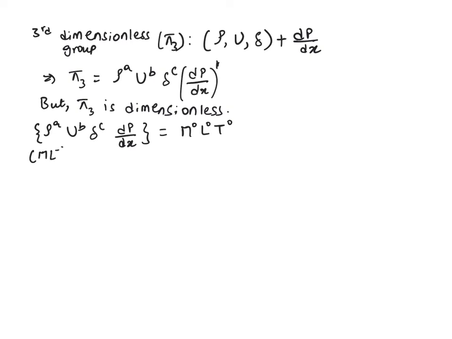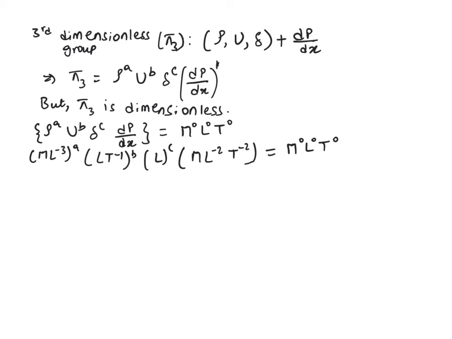So M L to the power minus 3 whole raised to the power of a, L T to the power minus 1 whole raised to the power of b, L whole raised to the power of c, dp by dx would be M L to the power minus 2 T to the power minus 2 whole raised to the power of 1 is equals to our right hand side, M to the power 0, L to the power 0, T to the power 0.